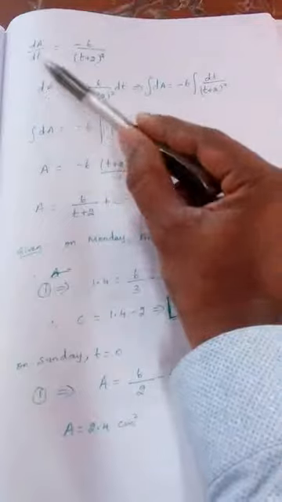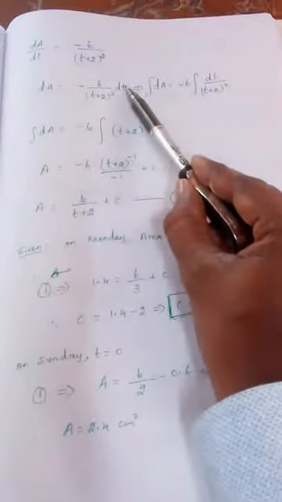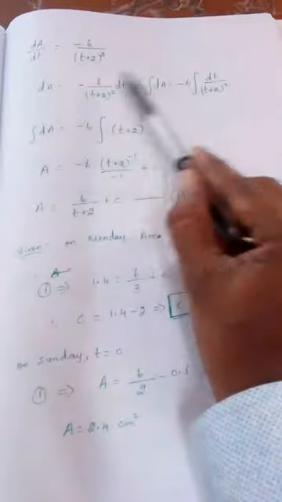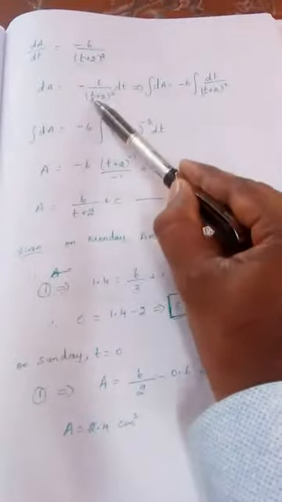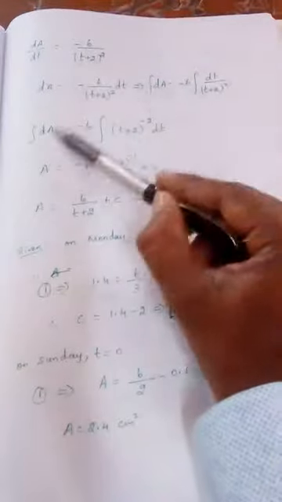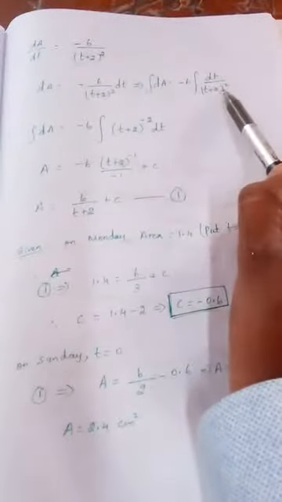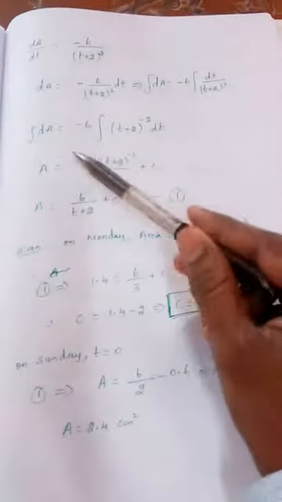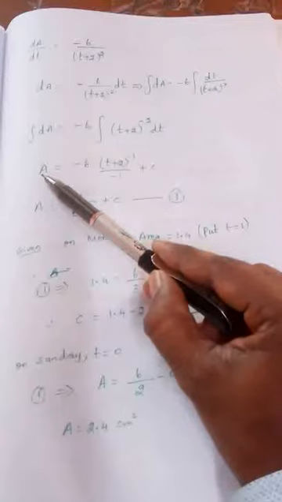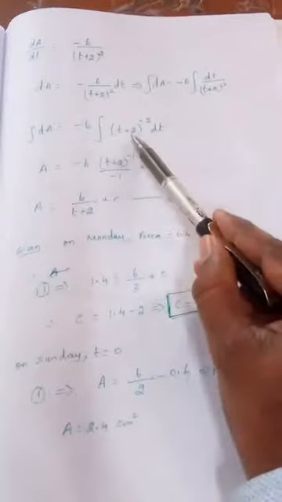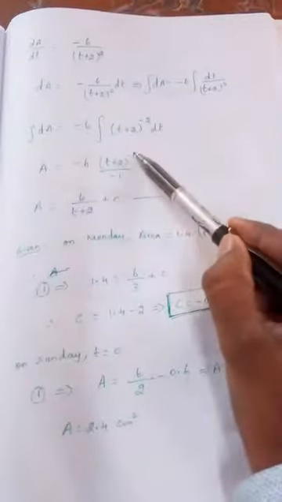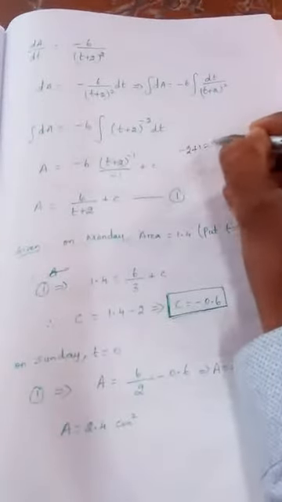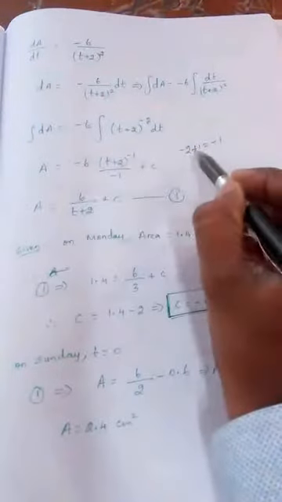So dA is kept here and dt is taken to the other side, and integrating both sides, integral dA equals minus 6 times integral dt by (t plus 2) whole square. The (t plus 2) whole square is taken to the numerator, so it becomes (t plus 2) power minus 2 dt. Integral dA is A. Minus 6 times, by the formula x power n plus 1 by n plus 1, that is minus 2 plus 1, which is minus 1.